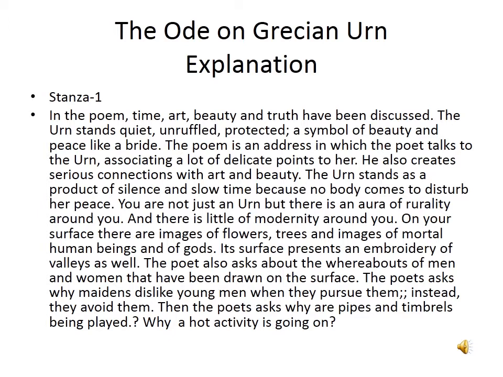First of all, let me tell you something about the background of the poem. Ode on a Grecian Urn is a poem by the English romantic poet John Keats, written in 1819. Published anonymously in Annals of the Fine Arts for 1820.